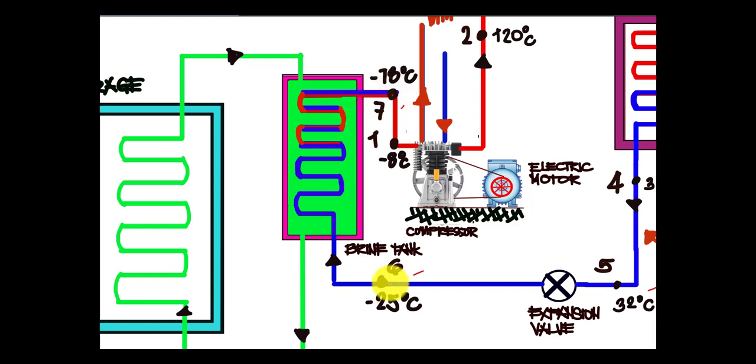So we have here the change in enthalpy from point 6 to point 7. We can use this to determine the mass flow rate of the ammonia. So let's go back and try to solve this.